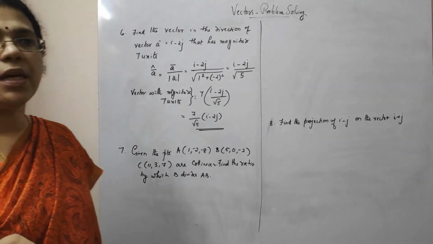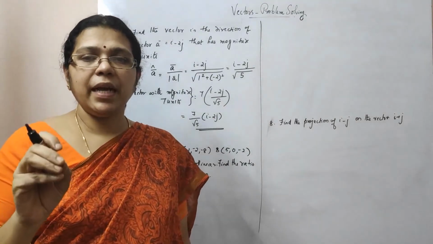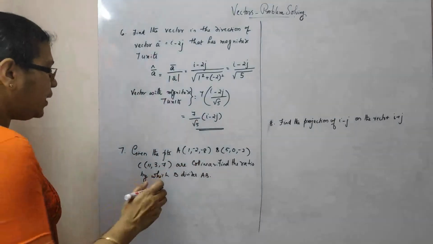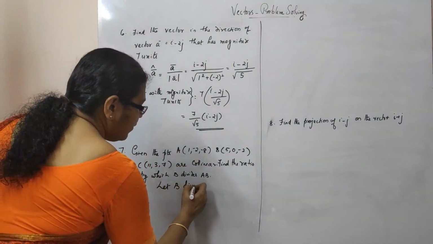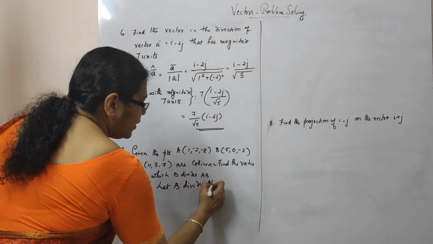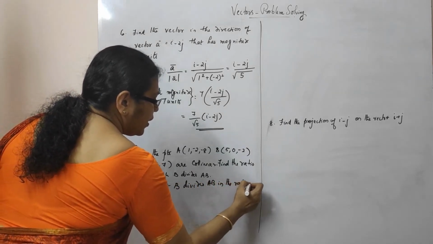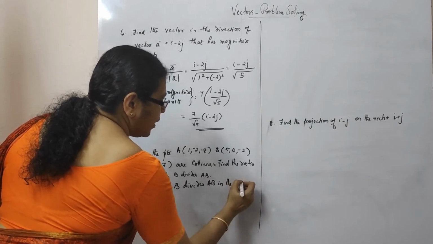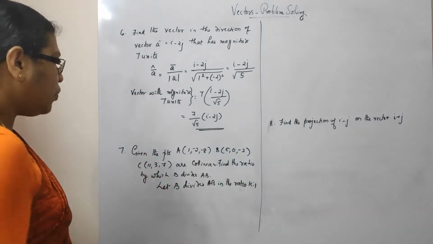Whenever the ratio is asked, we take that value as k is to 1. So let B divide AC in the ratio k is to 1.